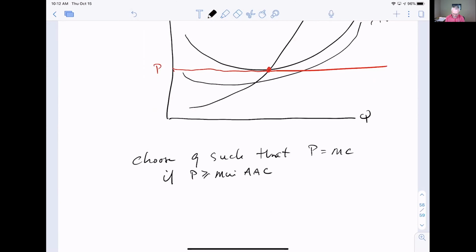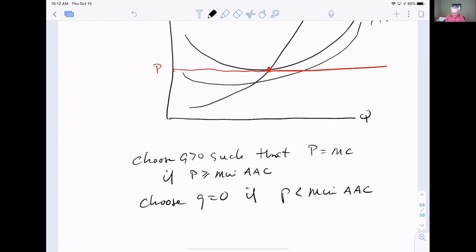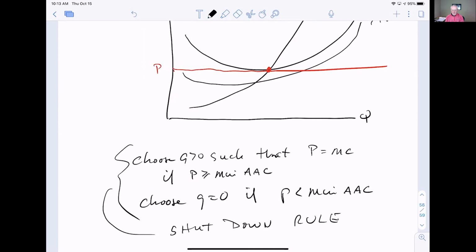And I should say the firm will choose Q positive such that price equals marginal cost if price is at least equal to minimum average avoidable cost. And it's going to choose Q equal to 0 if price is less than minimum average avoidable cost. So this is what I call my shutdown rule in this context of profit maximization.